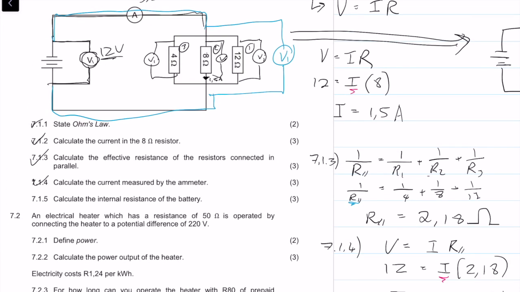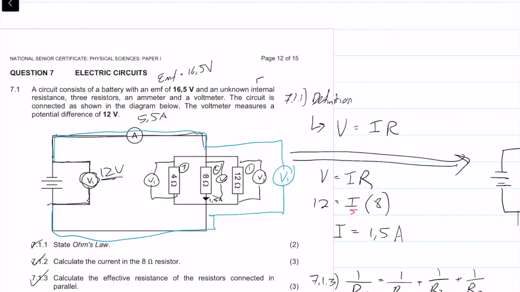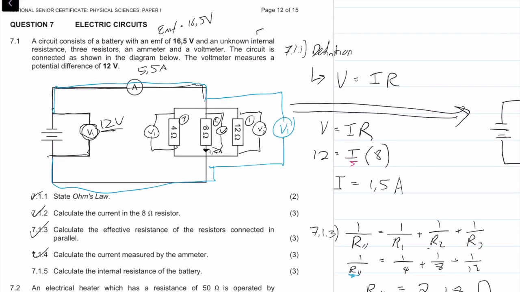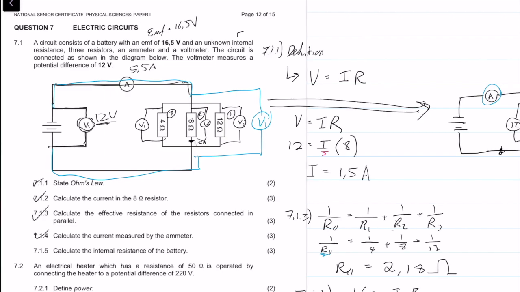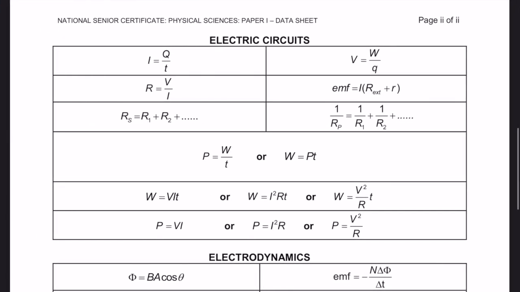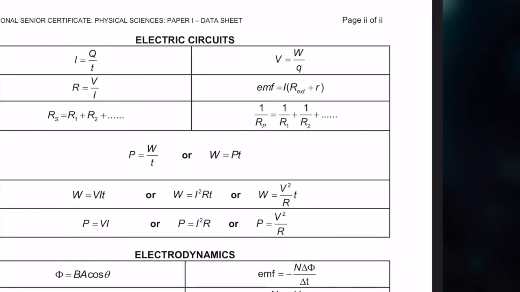Then it says calculate the internal resistance of the battery. How I'm going to do this is figure out the voltage loss. Or actually, what might be easier is to look at our formula sheet, at the equation in block row 2, column 2, which is EMF.